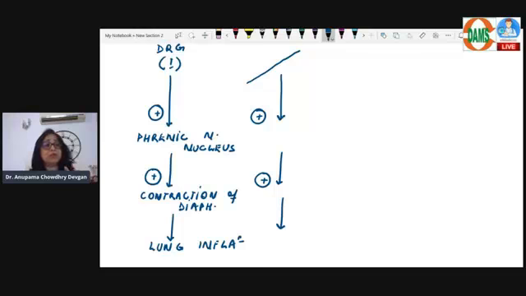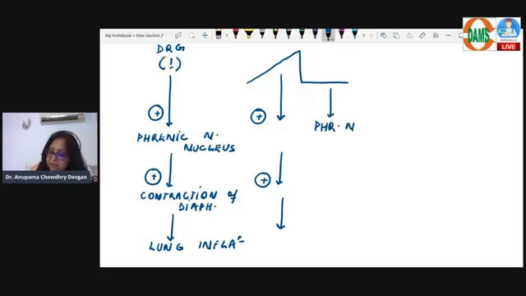Now let us see what happens during expiration. Remember, during expiration, there are no signals from DRG. DRG is incapable of sending signals for expiration. Why so? Because DRG only has I neurons. So DRG now stops firing, and there is no stimulation of the phrenic nerve nucleus.